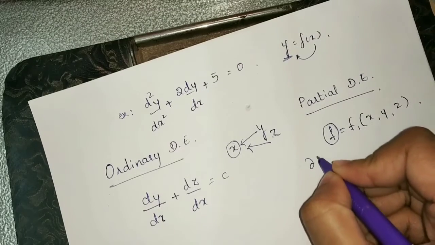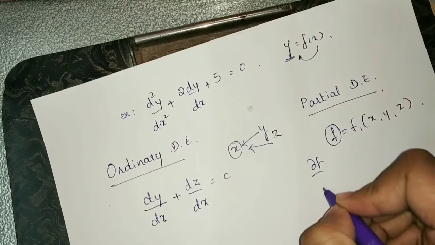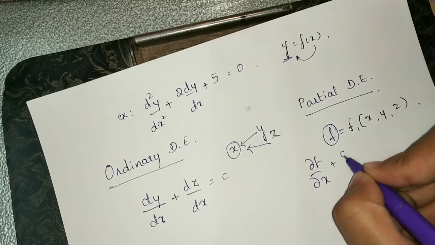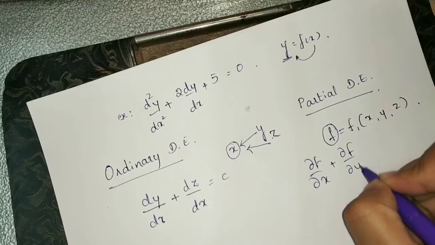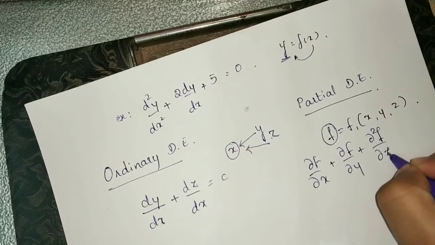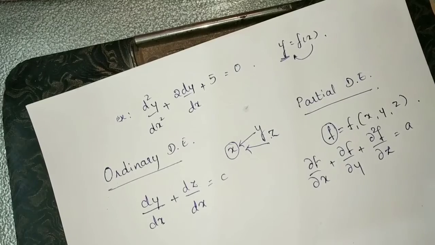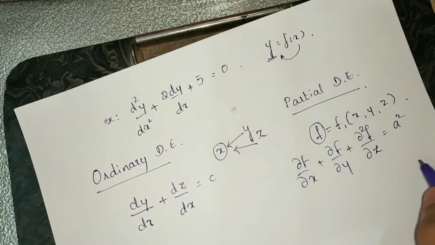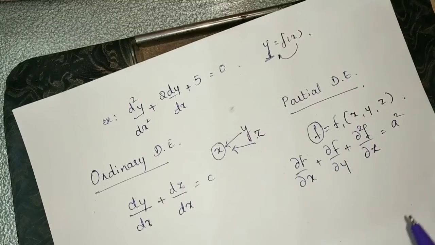The equation will be dou f by dou x plus dou f by dou y plus dou square f by dou z equal to some constant a square. Then this type of equation is called a partial differential equation, as you know the symbol dou.